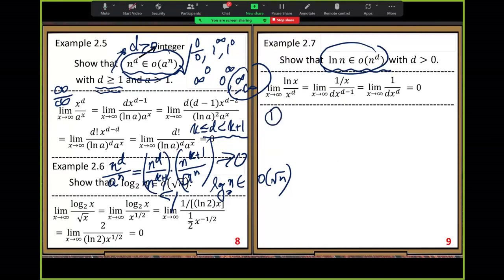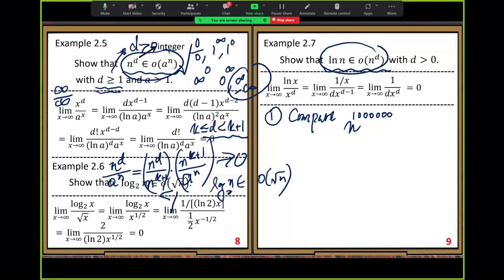Compare these two functions. The first function, n to the 1/millionth power.